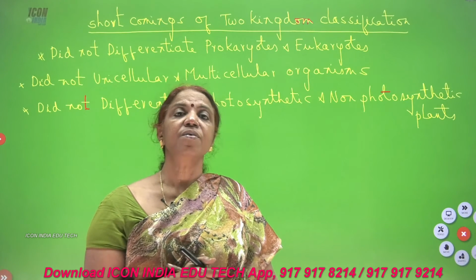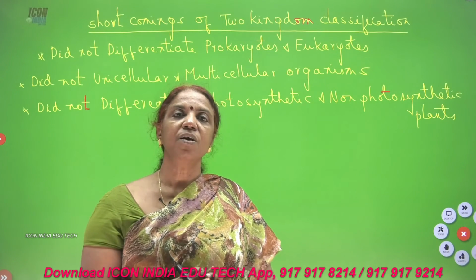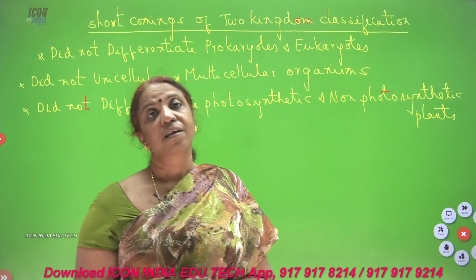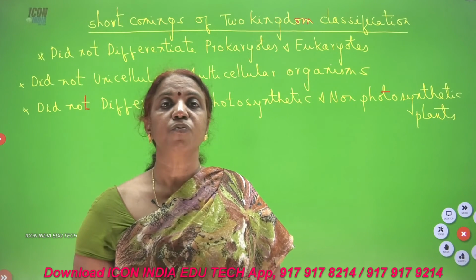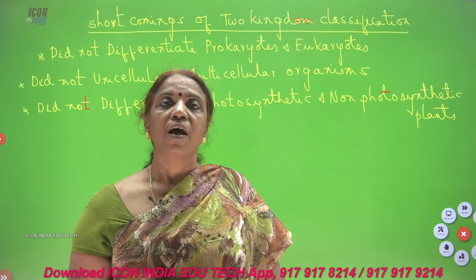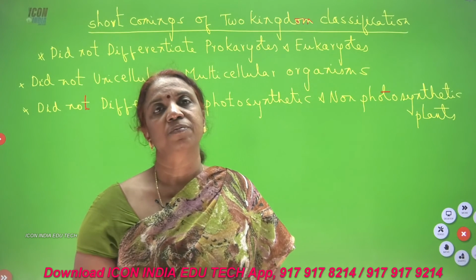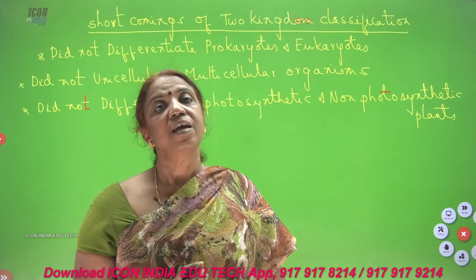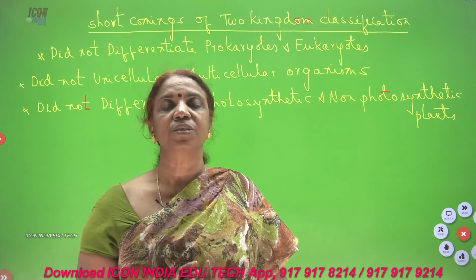The next one is the complete placing of bacteria, algae, fungi, mosses, pteridophytes, gymnosperms and angiosperms. All the plants were kept in one group. All the plants follow a uniform character: the whole kingdom has the presence of cell wall.